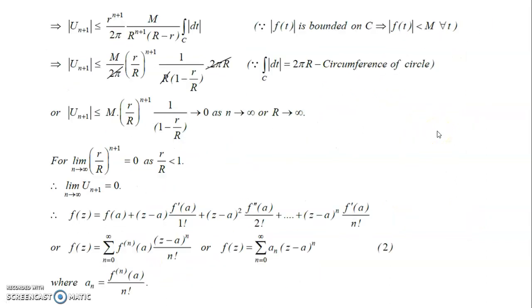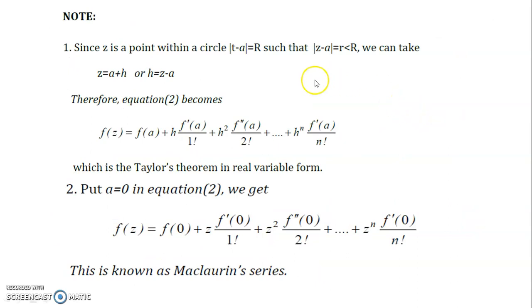So we can take z equal to a plus h and h equal to z minus a, and therefore equation 2 becomes this, where z minus a can be taken as h. This is another form of Taylor's theorem in the real variable form.